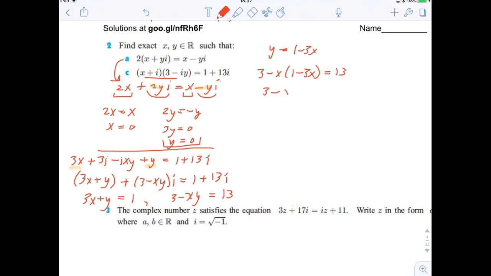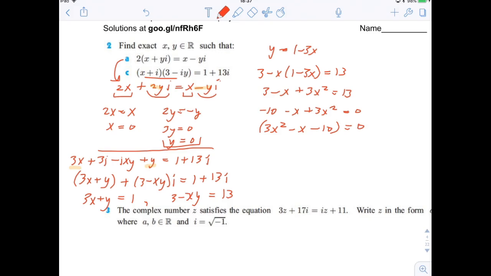Then we get 3 minus x plus 3x squared equals 13. Then we subtract 13 from both sides. We get negative 10 minus x plus 3x squared equals 0. And let's reverse the order so that it looks more like a quadratic we're used to solving.